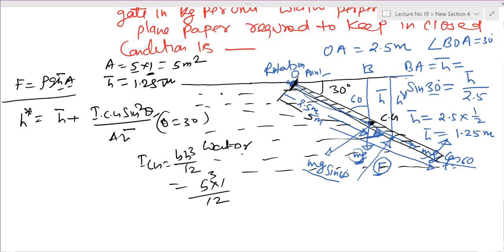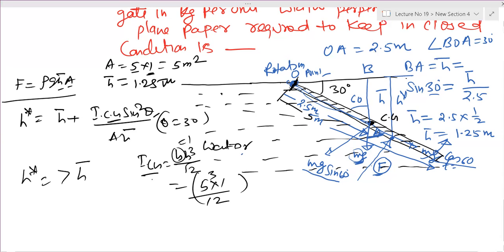Because this width is 1, and the height is this, but this is about CG. In the formula it is also about CG, so no worry, this will be your I CG. So you can calculate h star, and h star will always be greater than h bar.